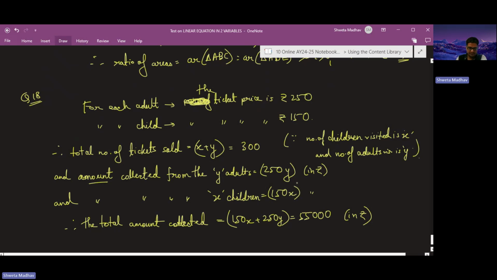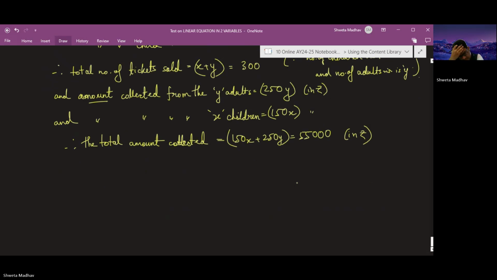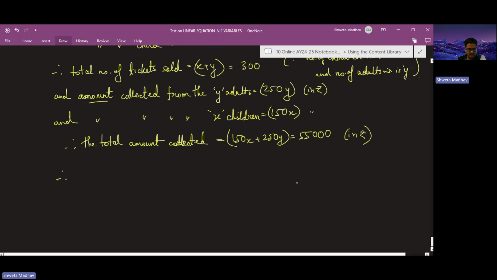Therefore, the situation can be algebraically represented as 150X plus 250Y equal to 55,000.